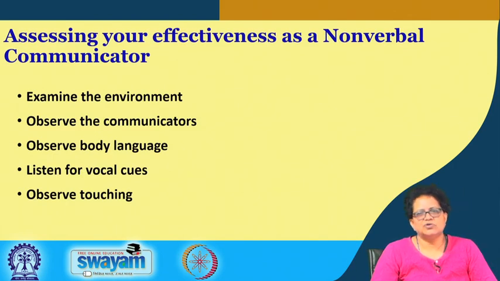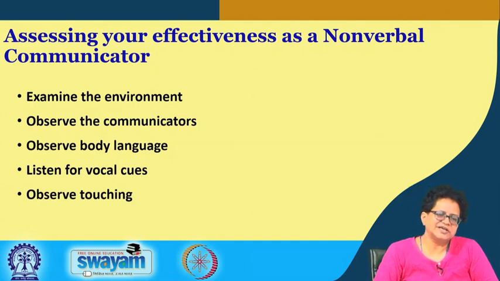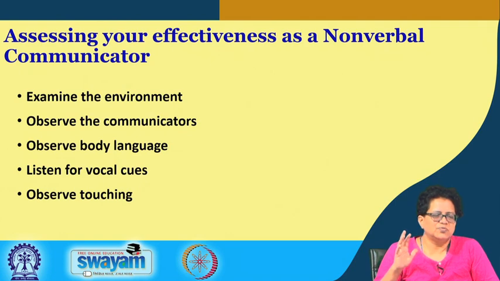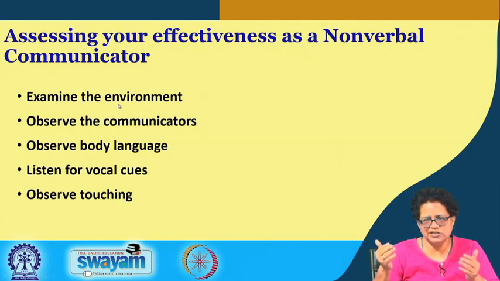Let us have now a program or a framework by which we assess our effectiveness as nonverbal communicators. The first thing one should do when entering a communication scenario is to examine the environment and observe the communicators. So, by environment I mean the backdrop or the context. If it is professional, it is bound to be a little bit restrictive.